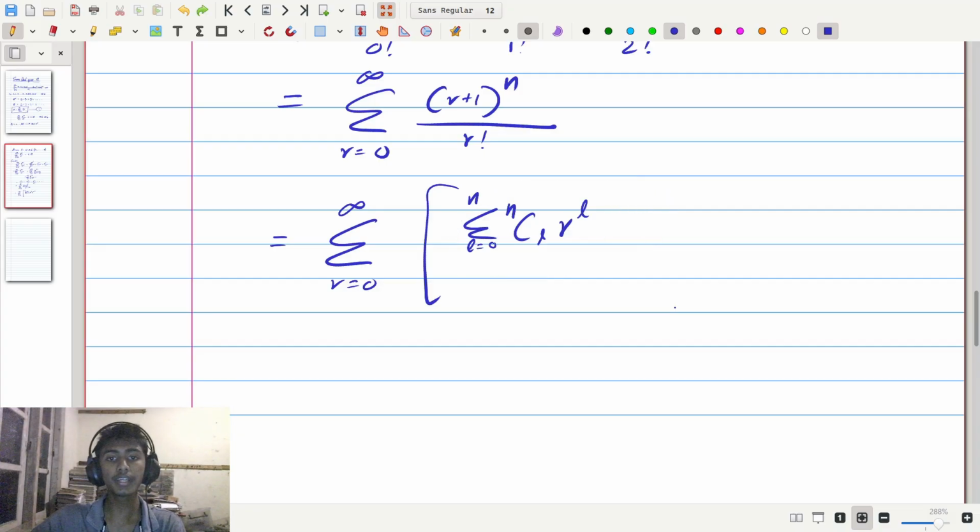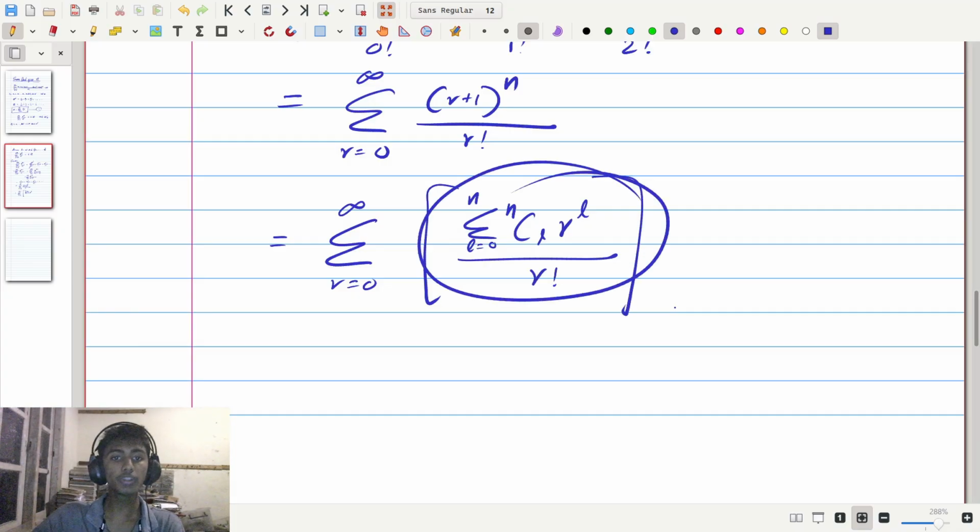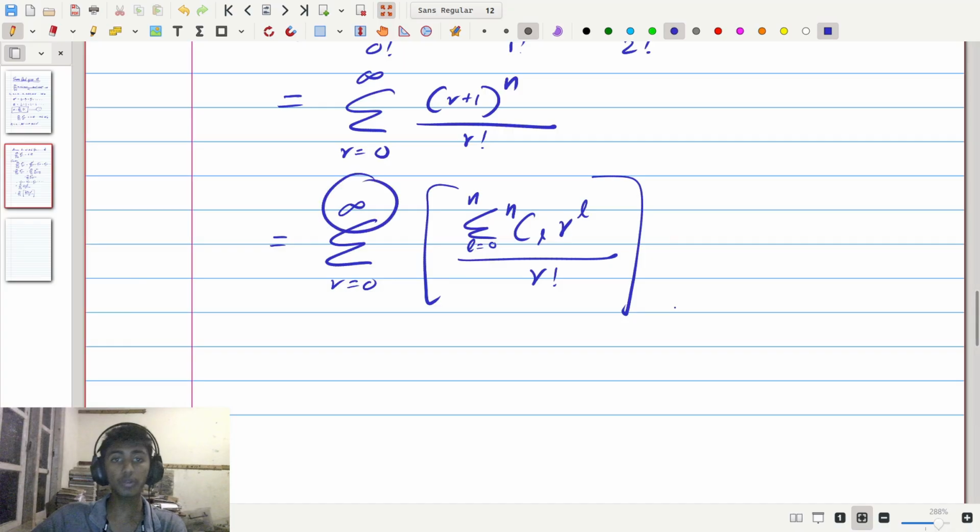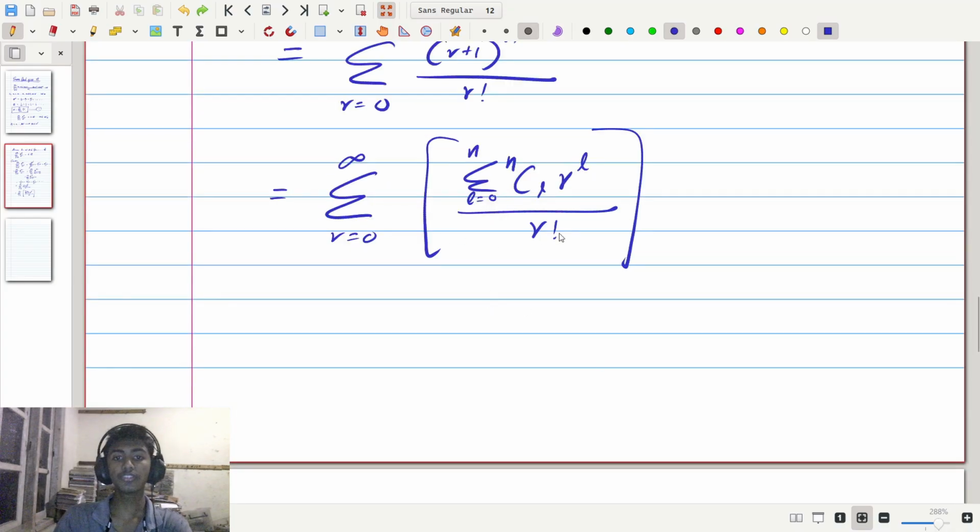So we can remove it, in which case we get this sum divided by r factorial for each of the individual terms, which are then added together from r equals 0 up to infinity. So now we can see we have this.